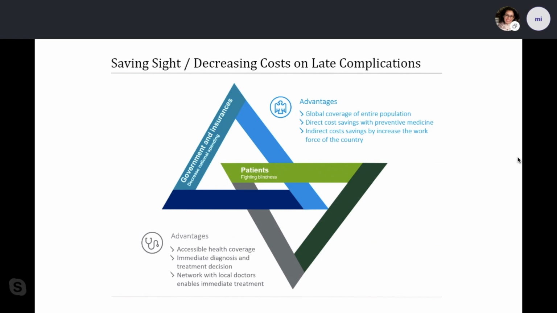Yeah, I would like to point out here that if you do a national screening, you will see that the first treatment in developing countries is not laser, it's vitrectomy. So we have to catch the patient when they are going for a driving license, when they are going for an ID.